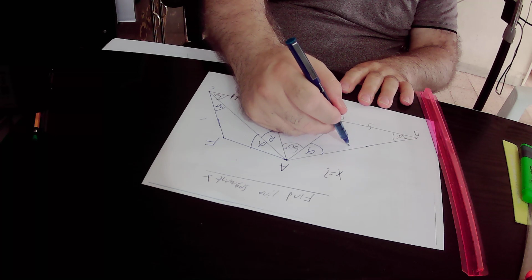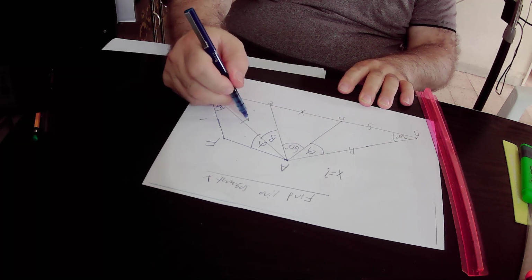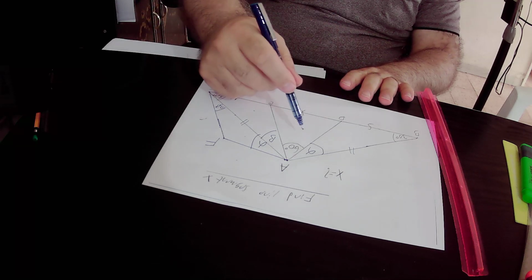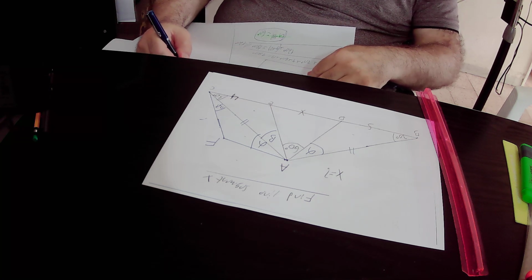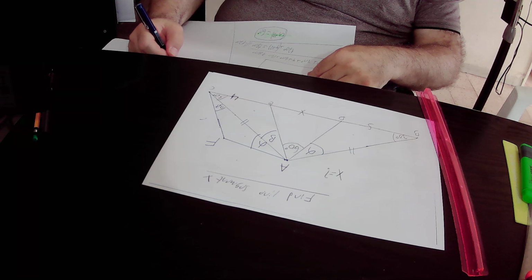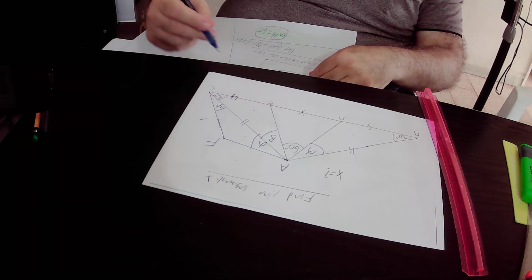We already proved that AB equals AC. In the next step, we will prove that triangle ABD is congruent to triangle AFC.